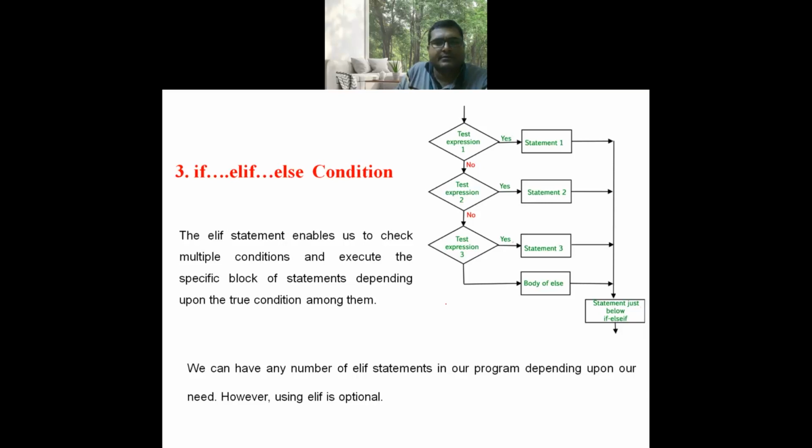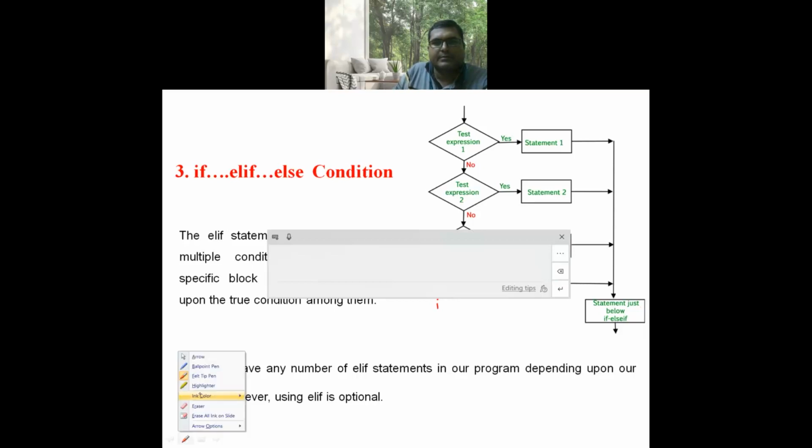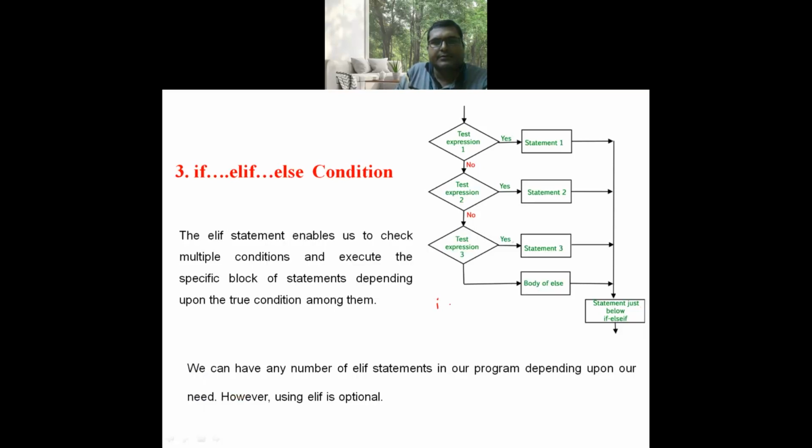If condition 1 colon, sequence of statements to be executed, elif condition 2, sequence of statements to be executed, elif condition n. Like that you can include elif statements, and finally you can add else statements. This is the general syntax of the if elif else ladder.